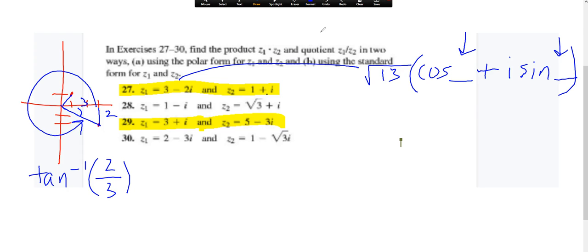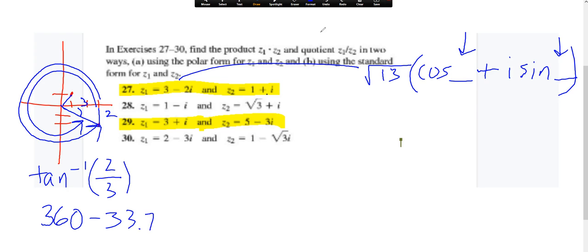Something bigger than 270 degrees, folks. The angle I drew right there is a lot bigger than 270 degrees. How'd you get that 326.3? Yeah, subtracted. Nice job. 326.3.